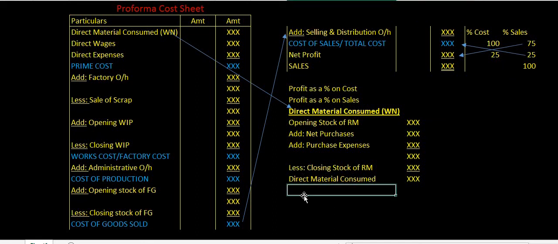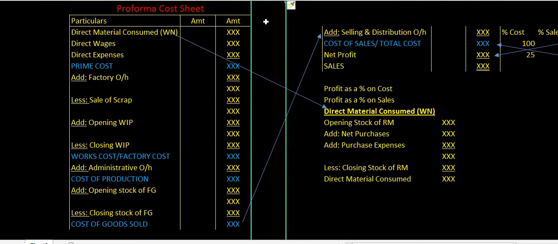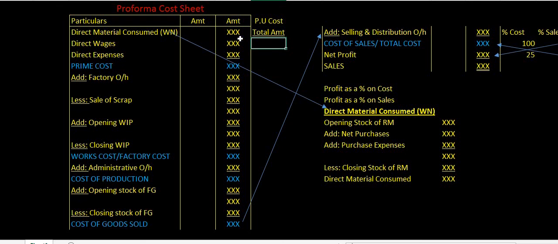Last piece of information before we end this video: if we need per unit cost, let these two columns be as they are. Just add a third column here and write per unit cost. And how do we calculate it? It will be the total amount, which we all understand is this column, divided by units.